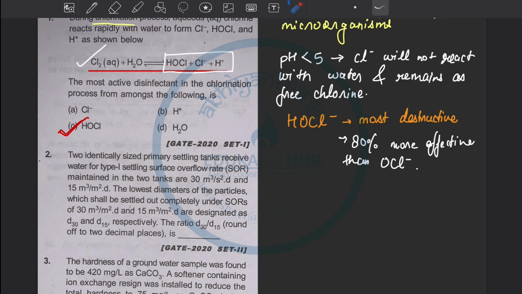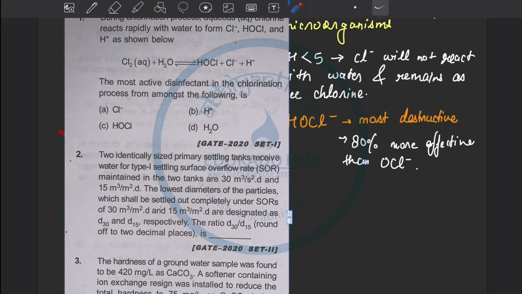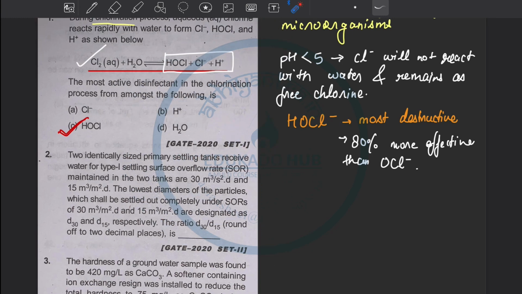The lowest diameters of the particles which shall be settled out completely under SORs 30 and 15 meter cube per meter square per day are designated as D30 and D15. Ratio of D30 to D15, rounded off to 2 decimal places, is.